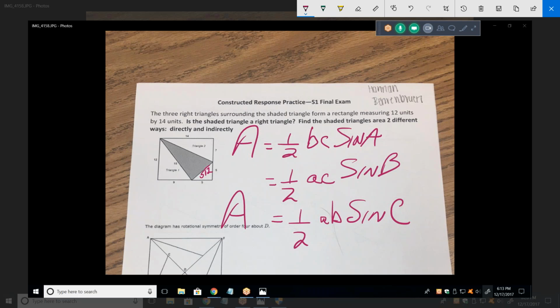So I just put it in my calculator, 14 squared. You've got to be careful with your parentheses. You might want to do 14 squared, add it to 7 squared, and then take the square root of that. Okay, and you'll get... hold on. Oh my gosh. Okay.